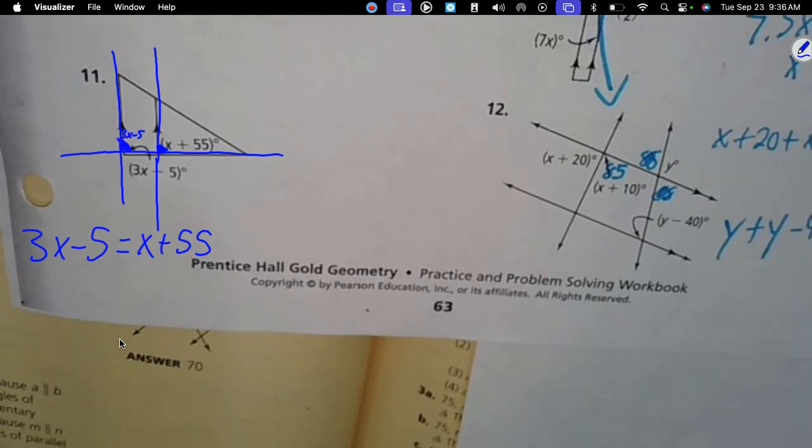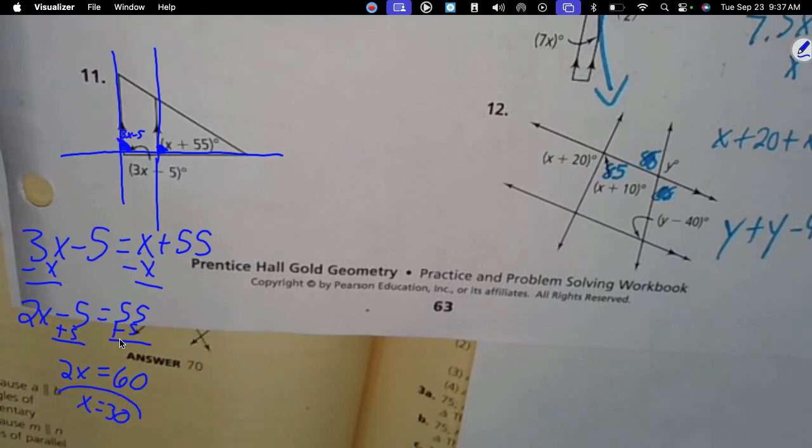So how do I solve for x? Yep, we subtract x from both sides. So 2x minus 5 equals 55. Then add 5. So 2x equals 60. Then divide by 2, and x is 30.